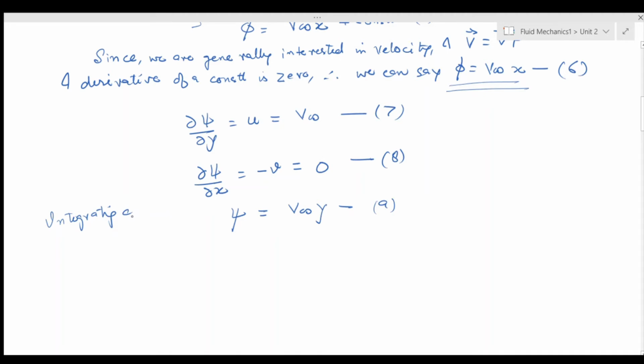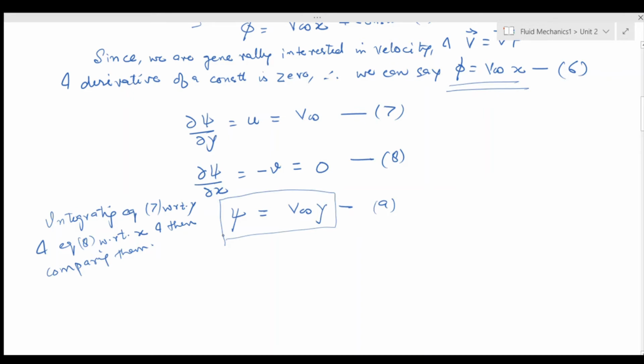By integrating equation 7 with respect to y and equation 8 with respect to x, and then comparing them.